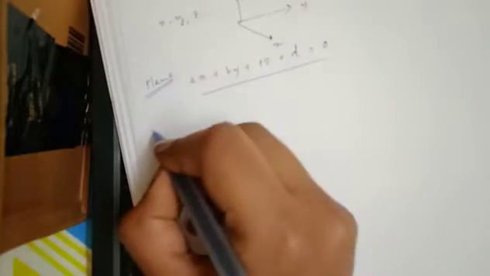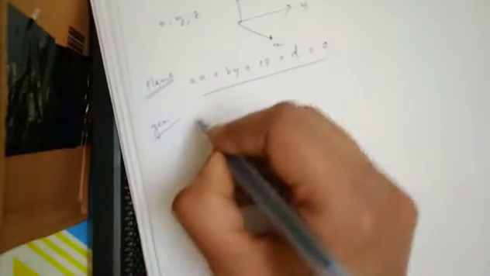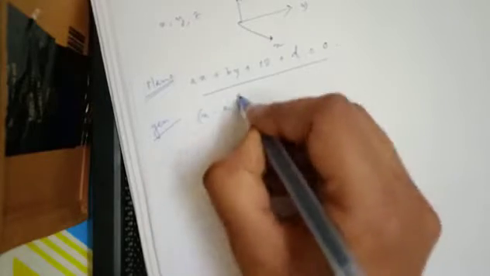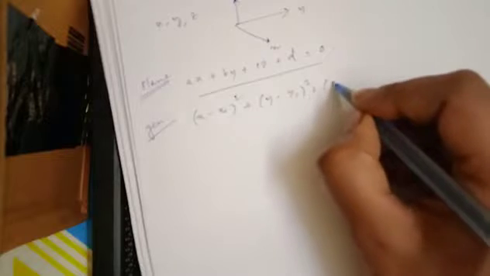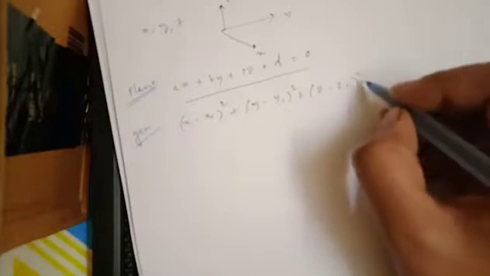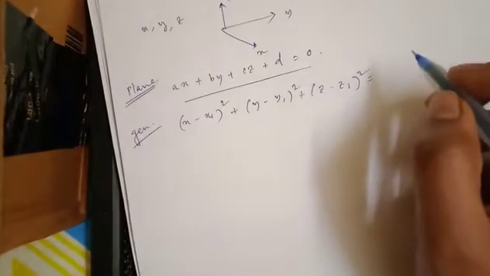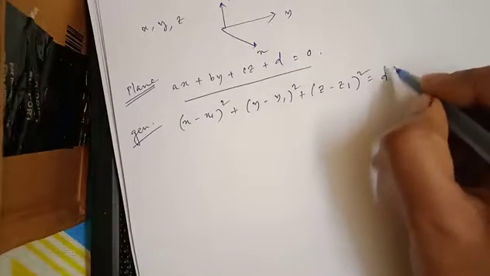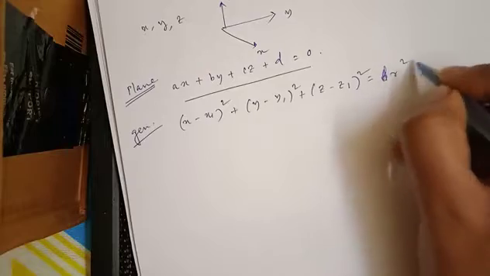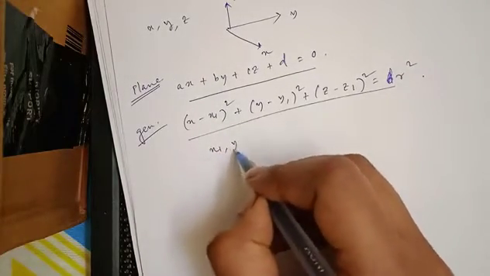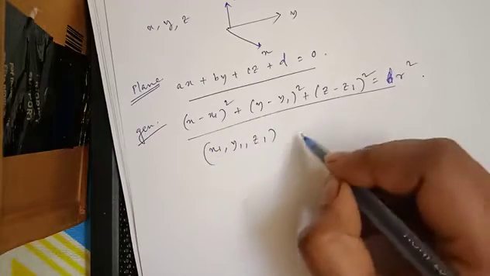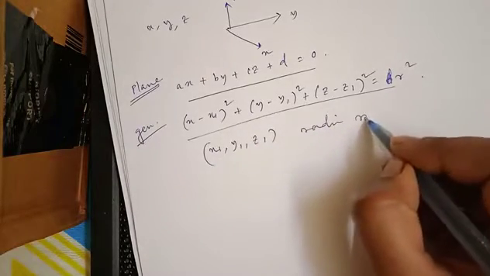So the general equation of a sphere is (x minus x1) whole square plus (y minus y1) whole square plus (z minus z1) whole square equals to d square or r square, whatever. So this is the standard equation. So here the center is this point x1, y1, z1, and the radius is r.